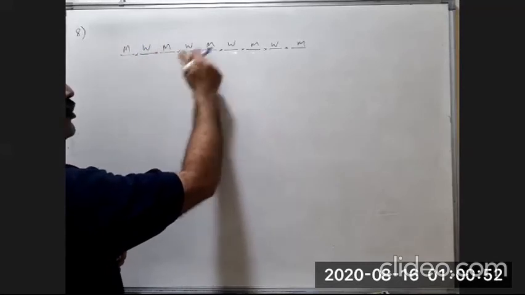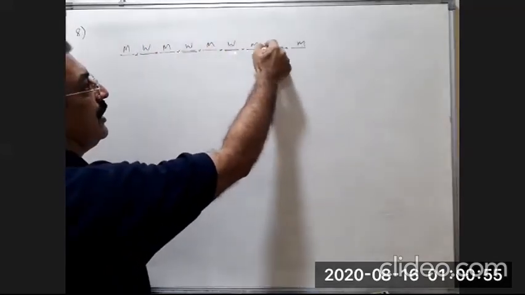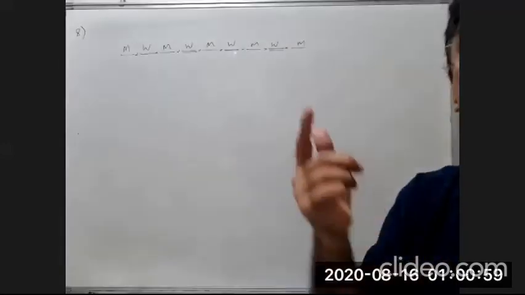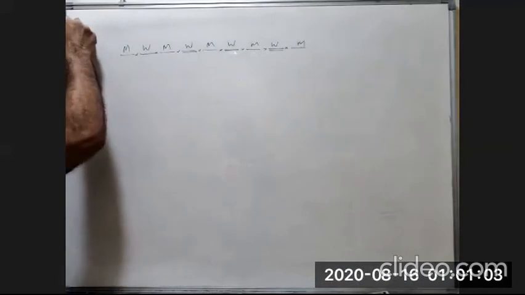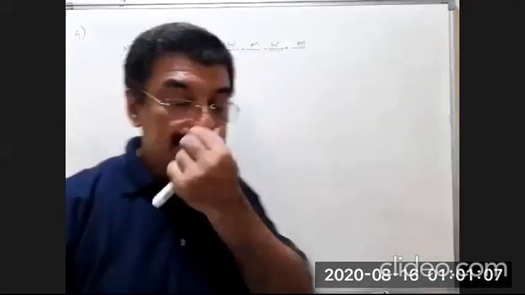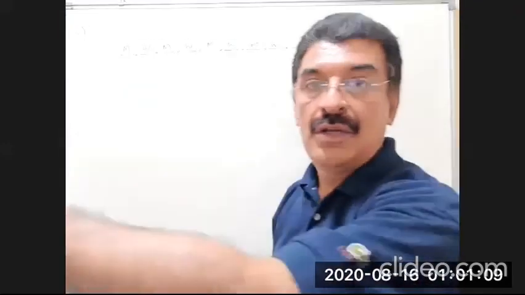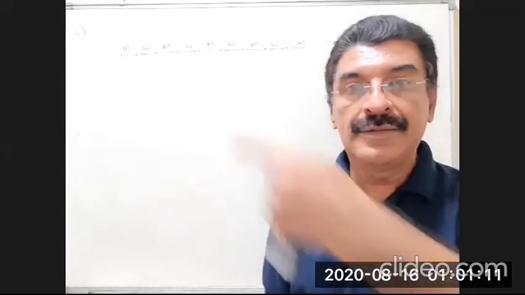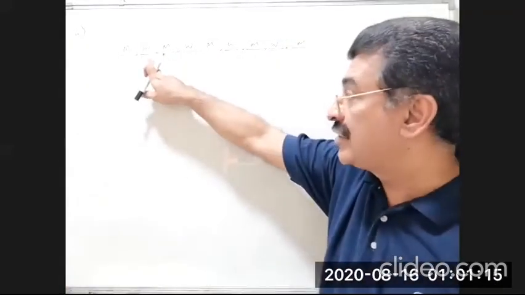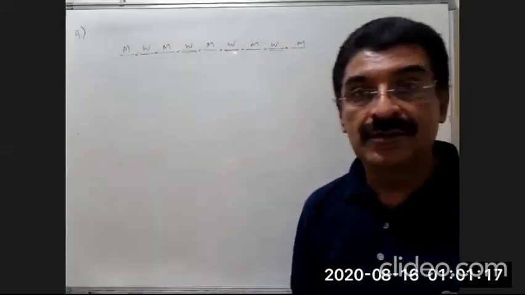Second place, fourth place, sixth place, and eighth place. This is question number 9. If you are sitting in 1 to 9, the second, fourth, sixth, and eighth are even places. So these women are to be seated in these even places.